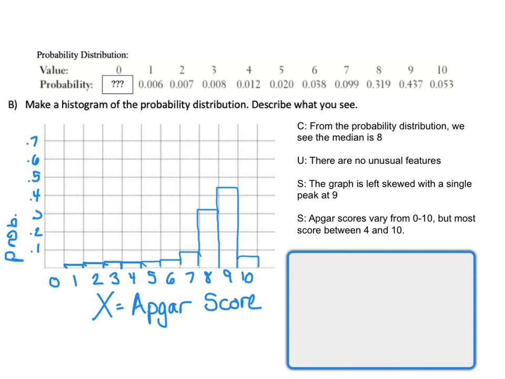There are no unusual features. The graph is definitely left skewed with a single peak at 9. And as far as the spread, I'm saying that the Apgar scores vary from 0 to 10, but most of the scores are between 4 and 10.